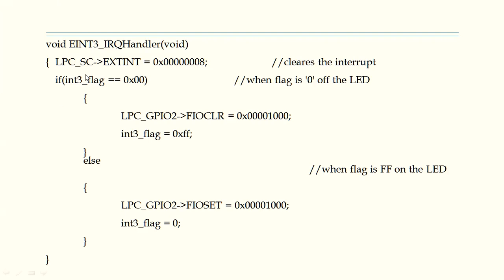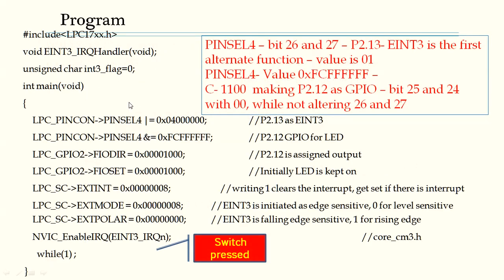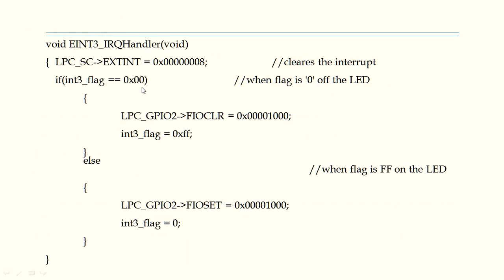And we'll check the status of the flag. Now in the beginning, we have already set the flag equal to 0. So the condition becomes true here. It enters and then we are clearing off the LED. And when we clear the LED, we are setting that boolean flag with 0xFF, and then you exit.